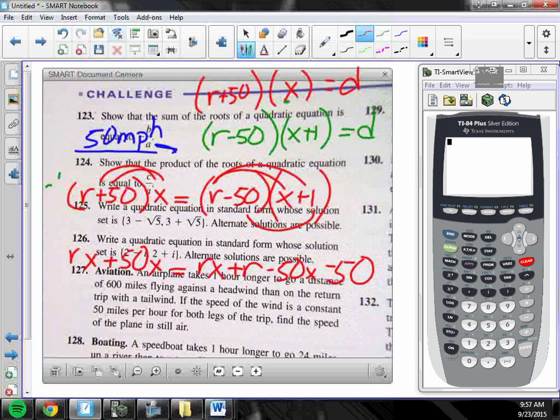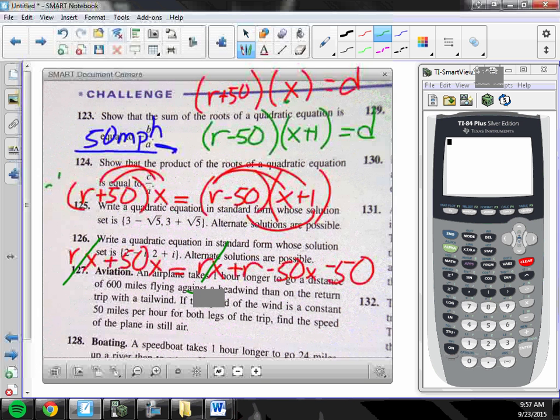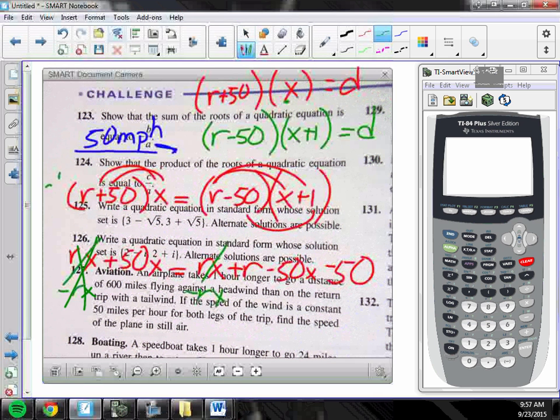Well, they're on opposite sides. So the Rx's cancel, right? If I subtract Rx, then those go away. So if I add 50x, I get 100x plus 50 equals R. Is that going to help us?